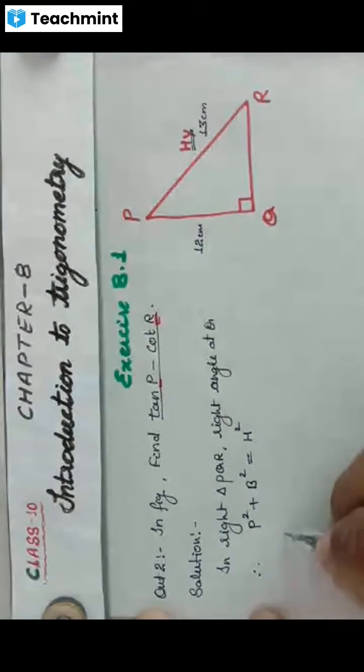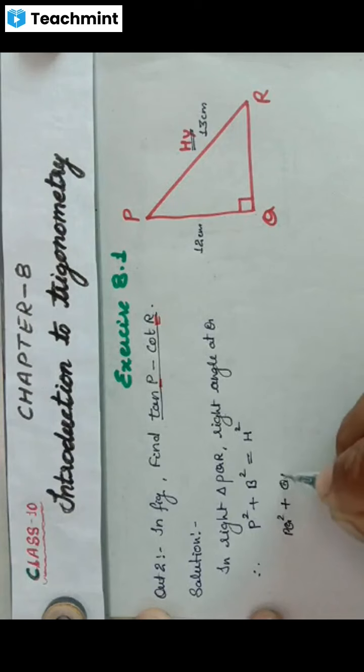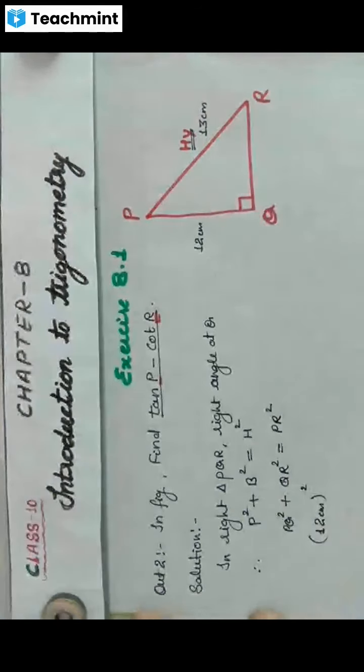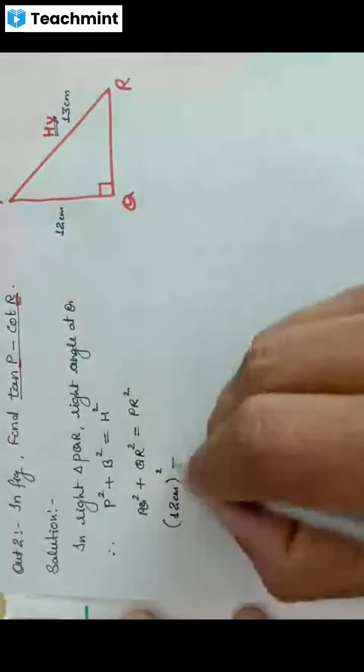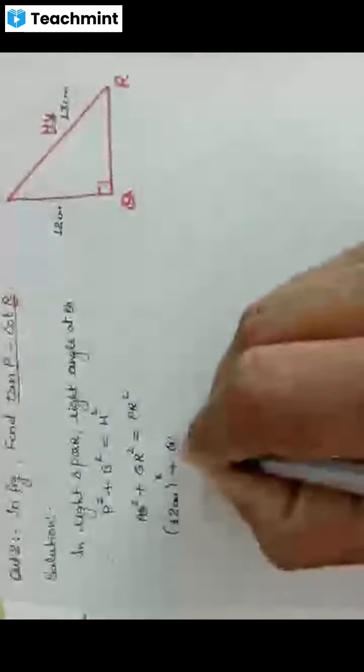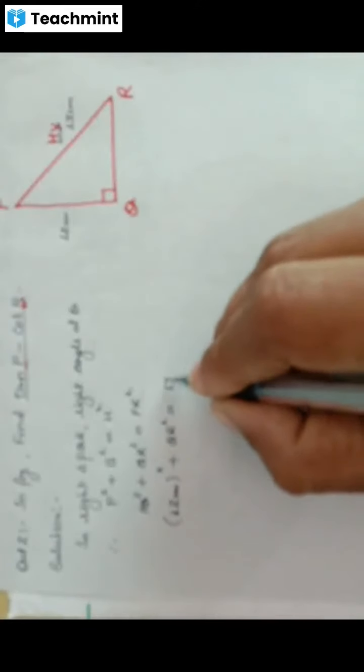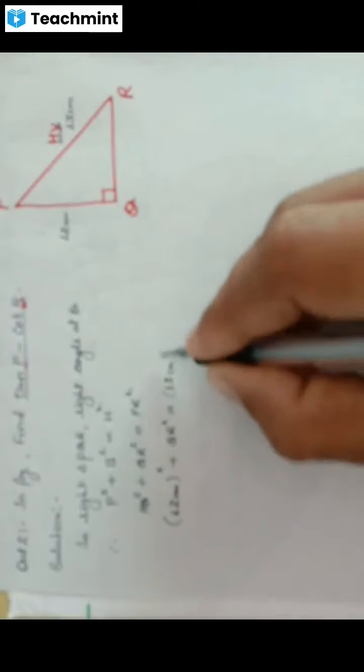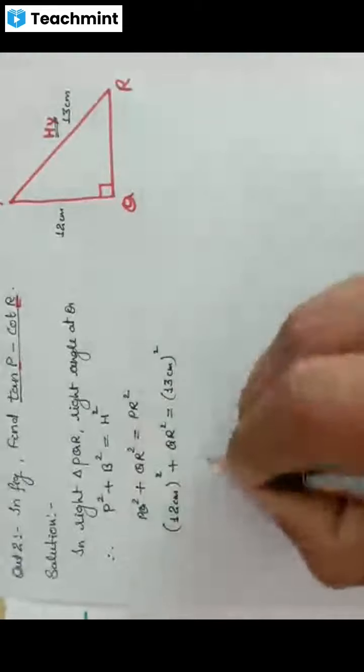So I am going to write here PQ whole square plus QR whole square is equal to PR whole square. So this is given, 12 centimeter, whole square, plus QR, I have to find out QR whole square, and hypotenuse is given, 13 centimeter, again whole square. So I am sending this over there.